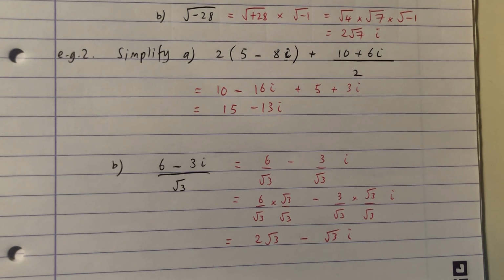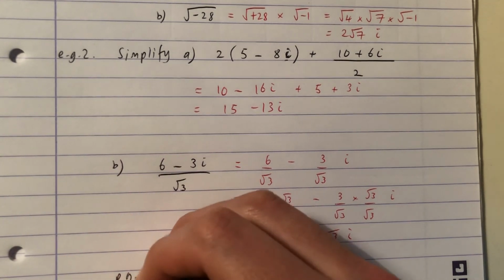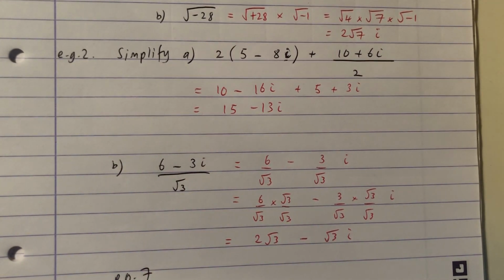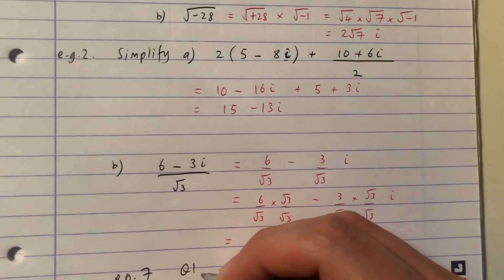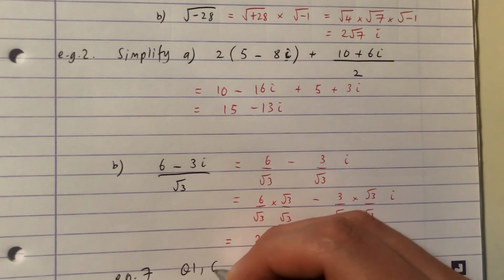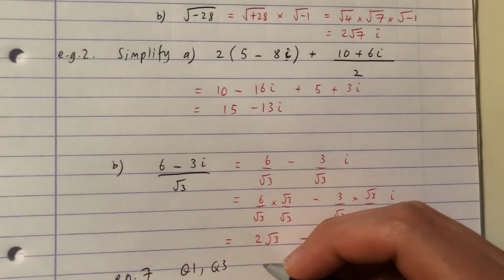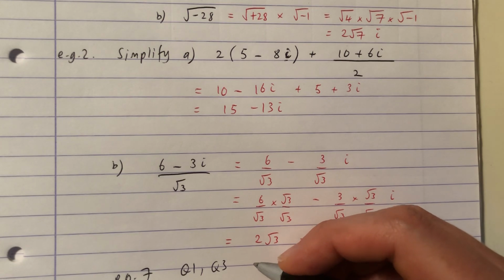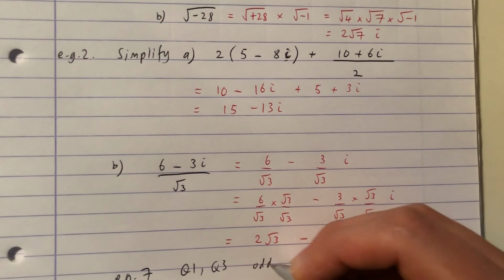Now the questions I would like you to complete are on page 7. You are going to try question 1, question 3, and you're going to do the odd parts.